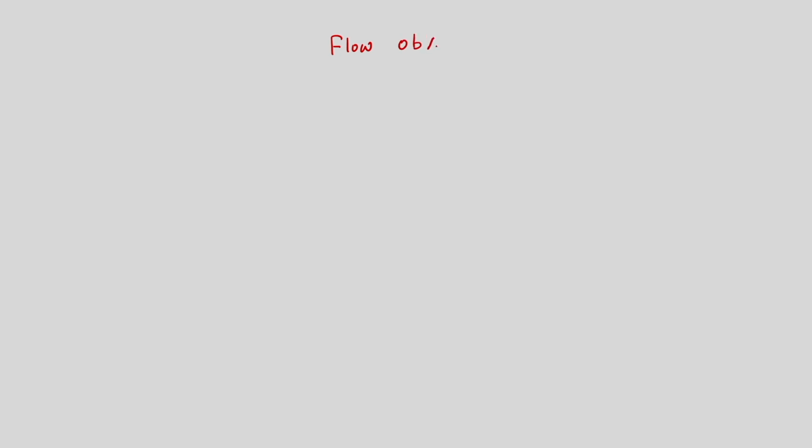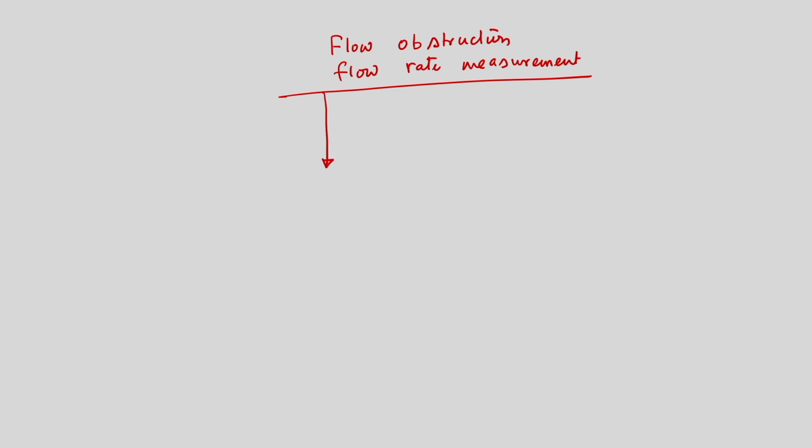Flow obstruction flow rate measurement. Typically, devices and instruments which are used to measure flow rate follow the principle of flow obstruction.